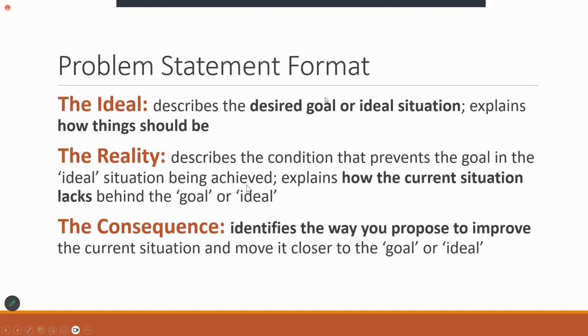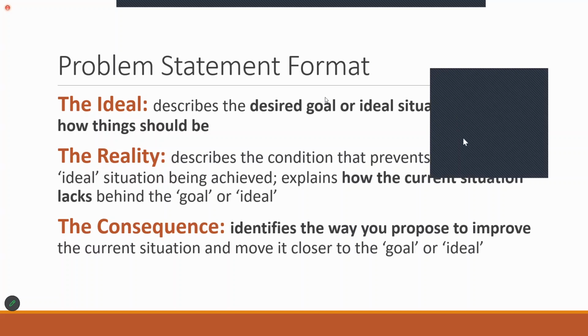Now, there can be certain difficulties for us to achieve the ideal situation. So that is given within the reality part of the problem statement. So basically, what the current situation is. And then the consequence identifies the way you propose to improve the reality towards the ideal situation. Now, if you all have thought about your research areas, I think Inoka has thought about it, it will be within urban development.